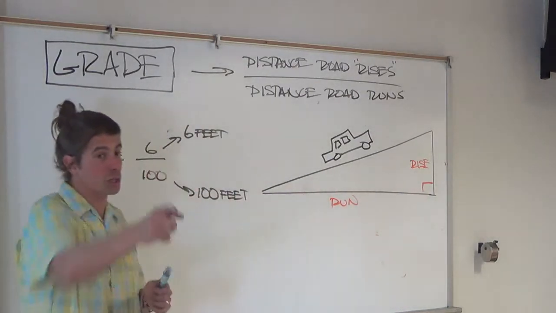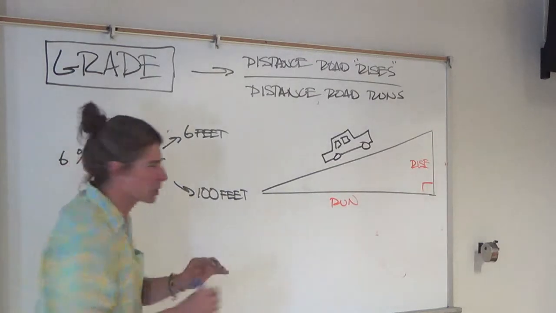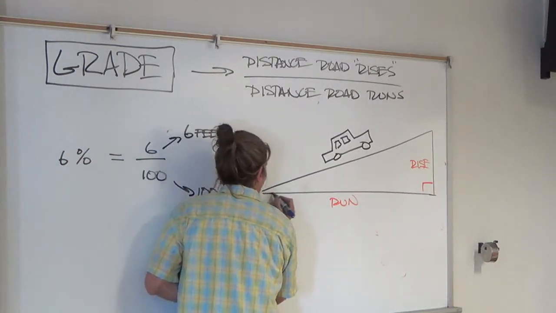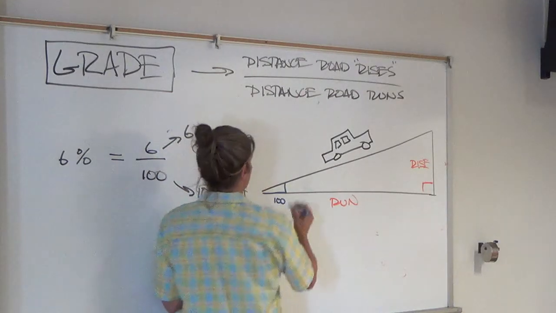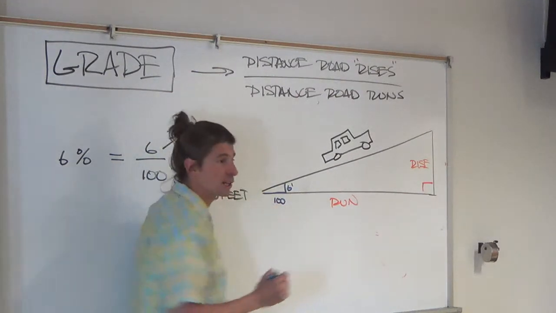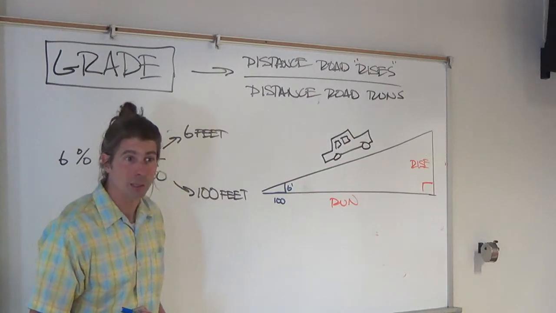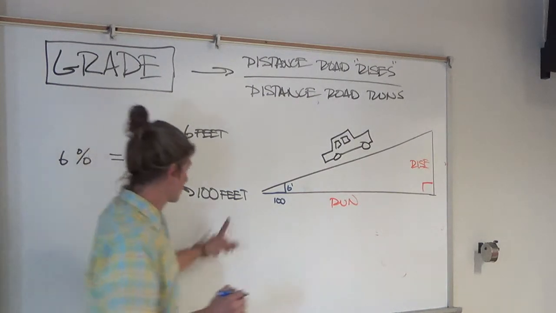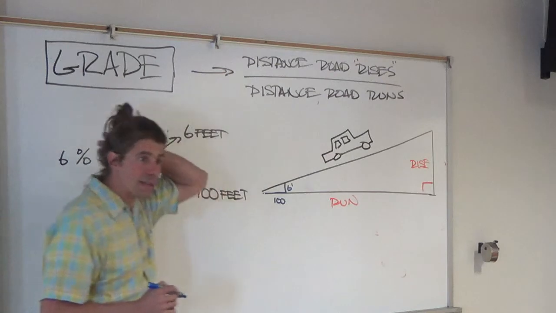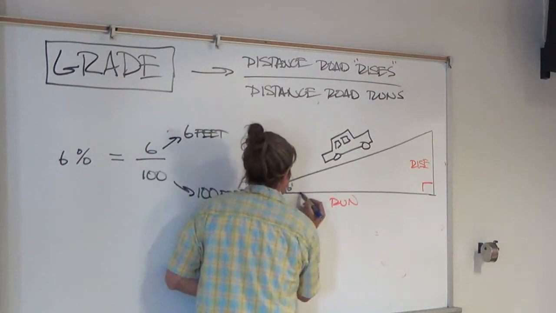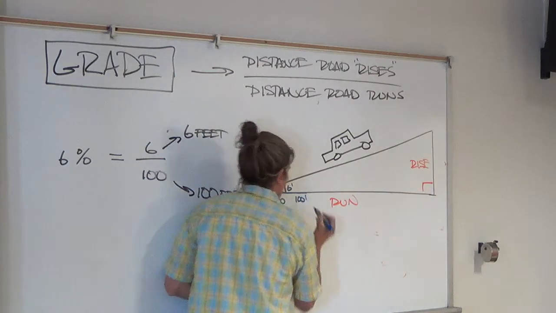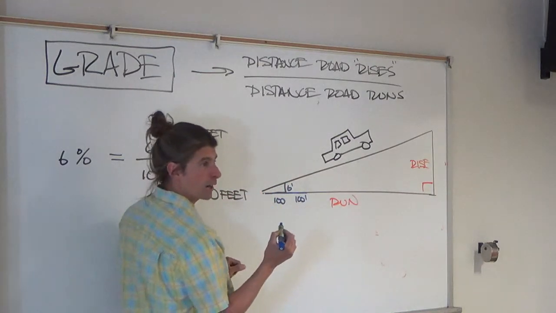So Brittany, we're going to ask your question you asked about 10 minutes ago, maybe 5 minutes ago-ish. If you go out 100 feet right here, you will have gone up 6. You can tell I've drawn this horribly not to scale. 100 feet of run for 6 feet of rise. What if you go out 100 more feet?